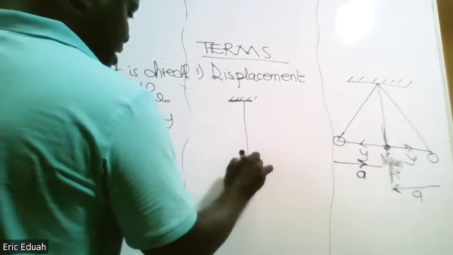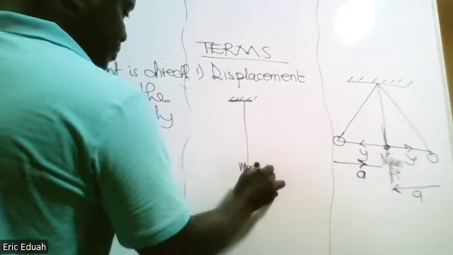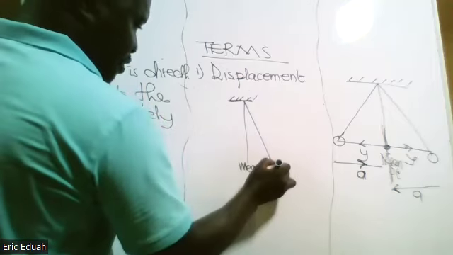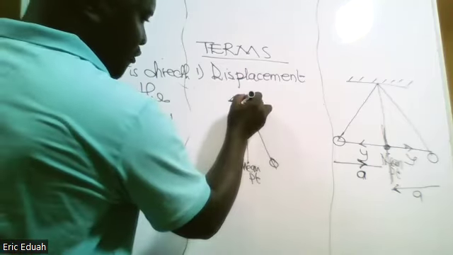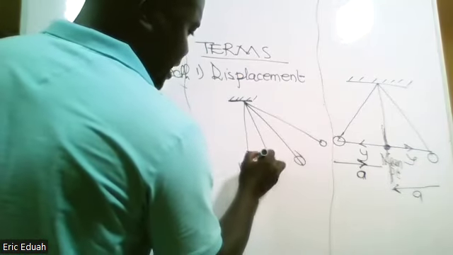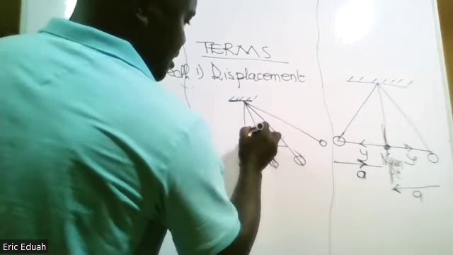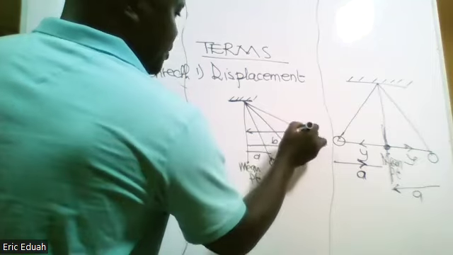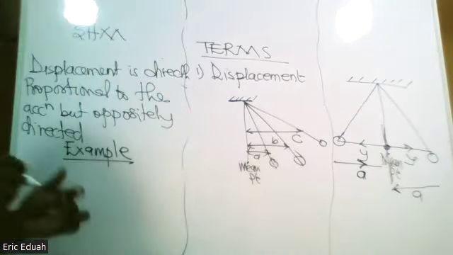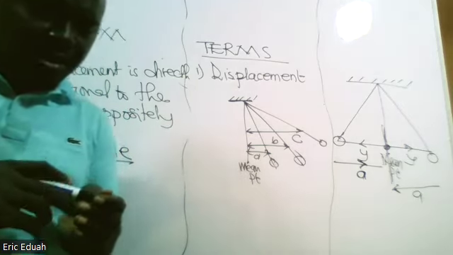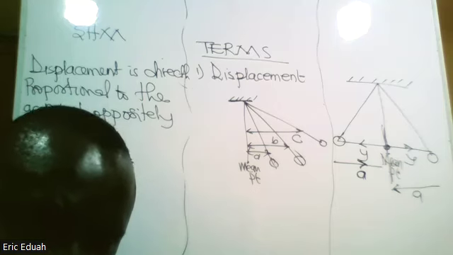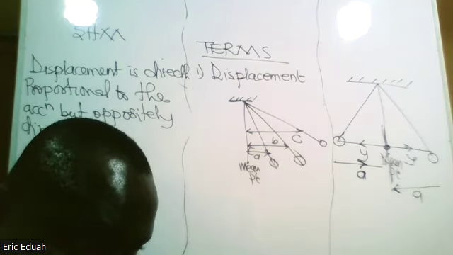So this is the mean point. Any distance of the body. So whether the body moves from this point to this point or to this point or to all these distances from the mean point, A, B, C, these are displacement. So when we talk about displacement, we mean any distance of the body or the object from the mean point or from the equilibrium position.